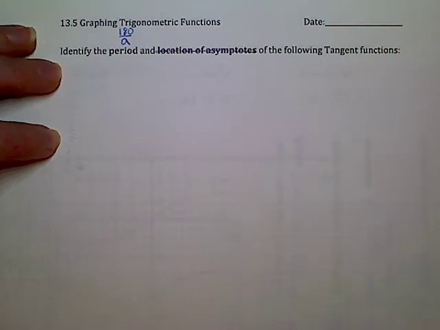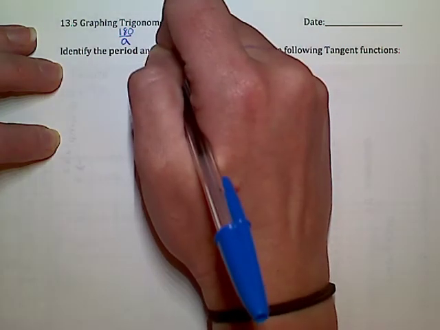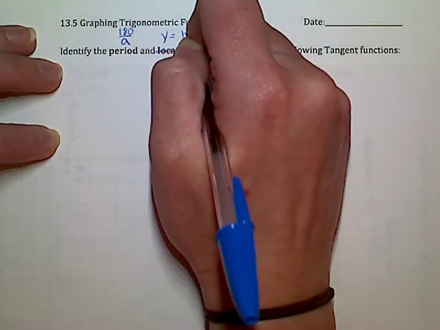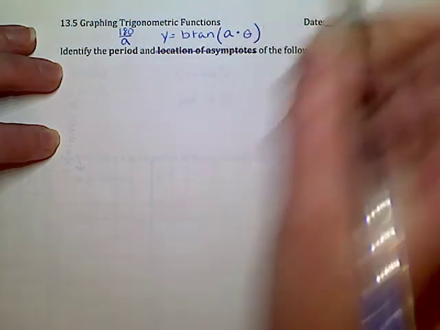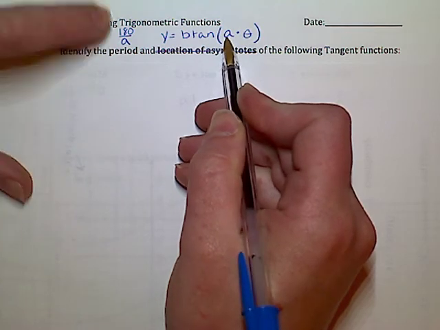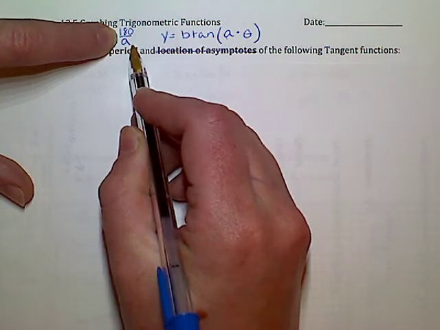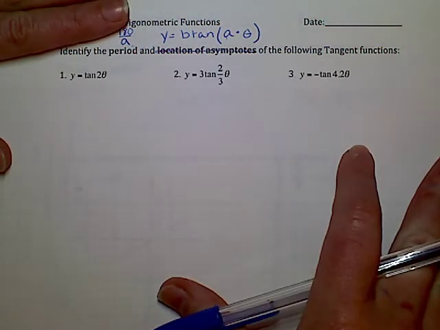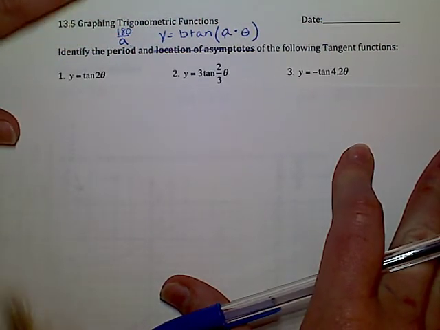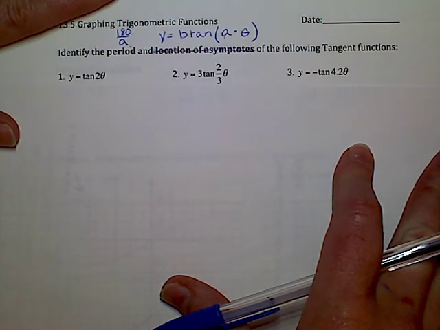So again, I'm not going to ask you for amplitude here on tangent, it doesn't exist. I'm going to write this generic form though. If there's a number multiplying theta, you take 180 and you divide by that number, that gets you the period of tangent. So go ahead, try these three and pause the video and then see what you came up with.